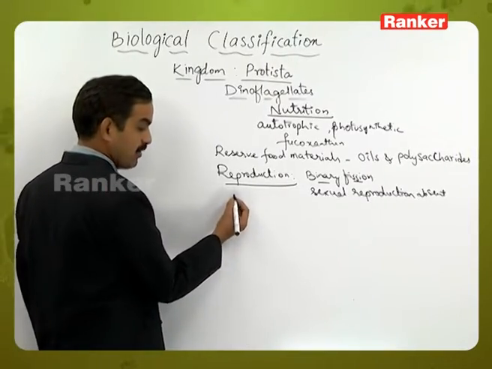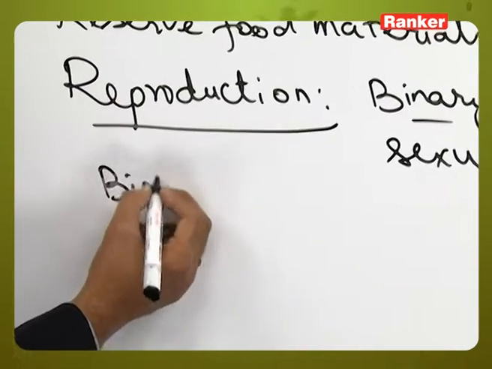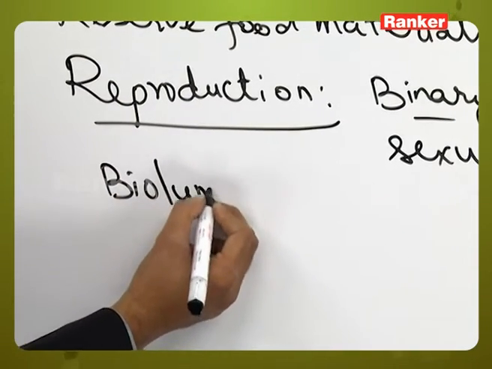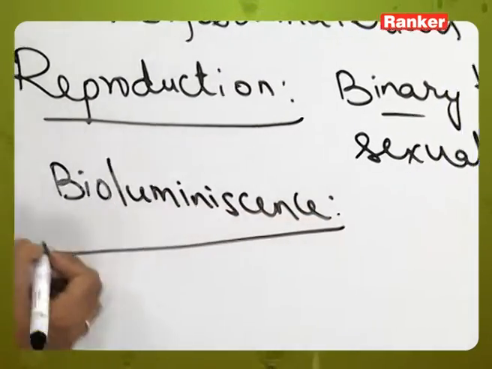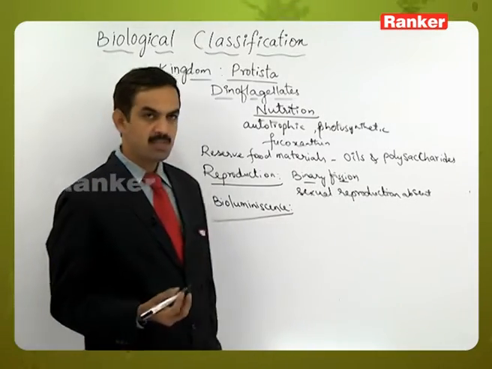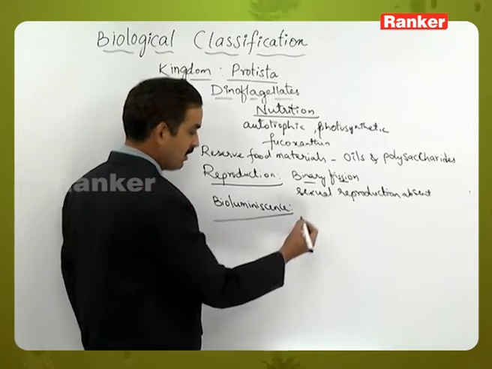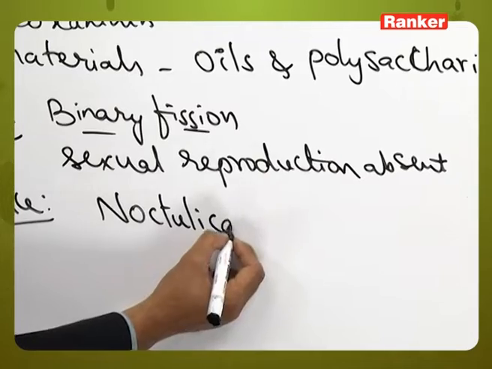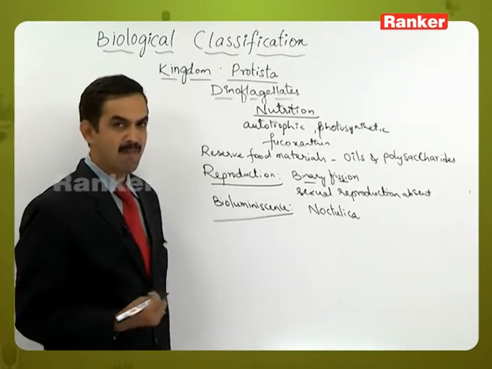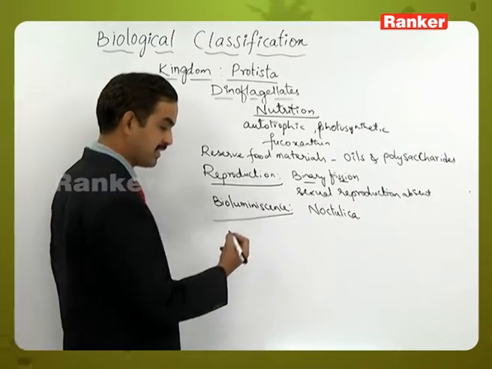Then they have some special features, that is, bioluminescence. The bioluminescence property, the ability to emit light, is exhibited by some members like Noctiluca. That is one special feature present in them.